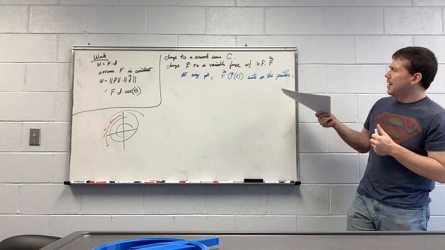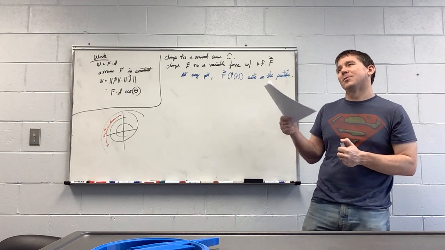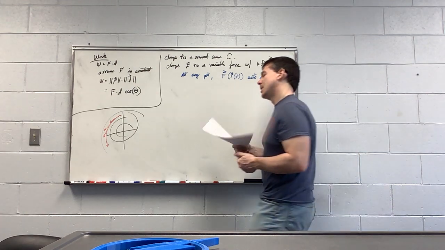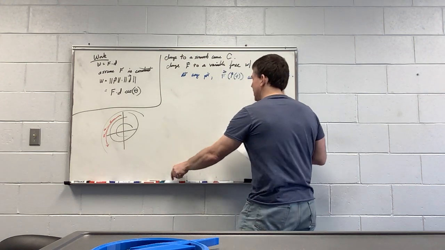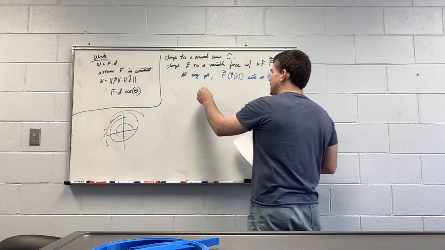So now I have a way to calculate the force at any point along the curve within the vector field. Now I just need to find a way to use that to calculate the total work done.